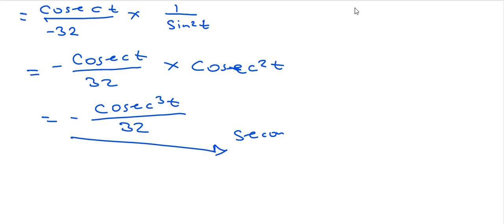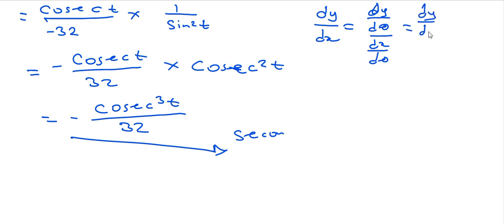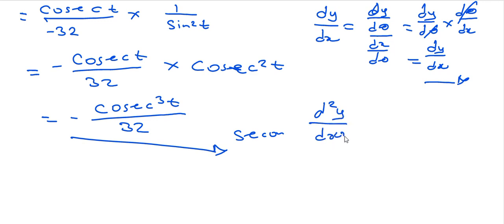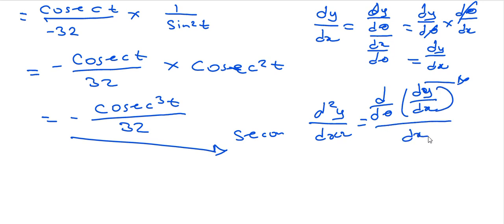So you're supposed to remember that our first derivative, if it's in terms of theta, is dy over dtheta over dx over dtheta, which is still the same as dy over dtheta times dtheta over dx, and this is the same as dy over dx after this cancels. And on the second derivative we are going to have d over dtheta of dy over dx, all over dx over dtheta.